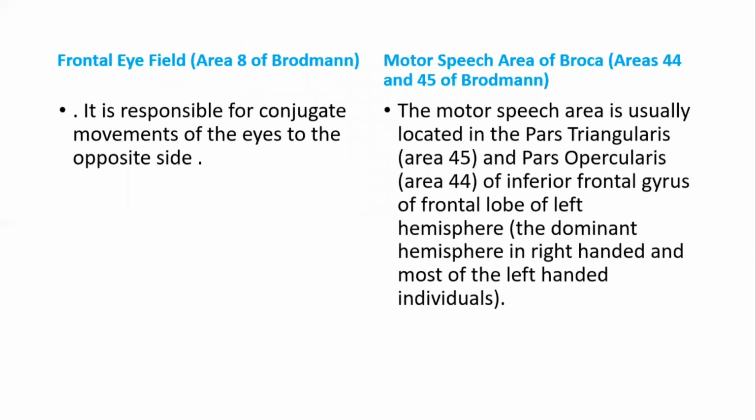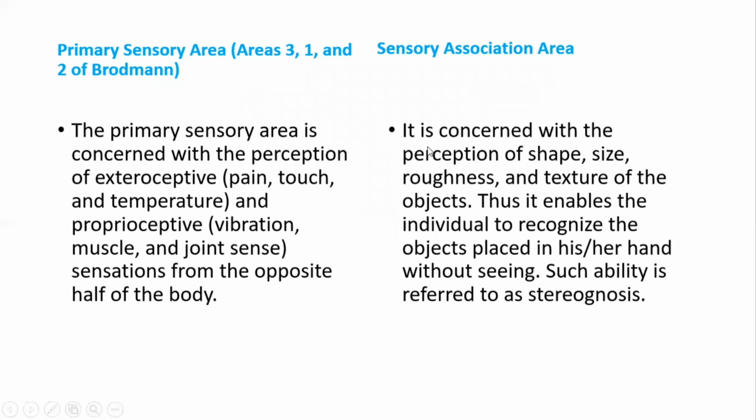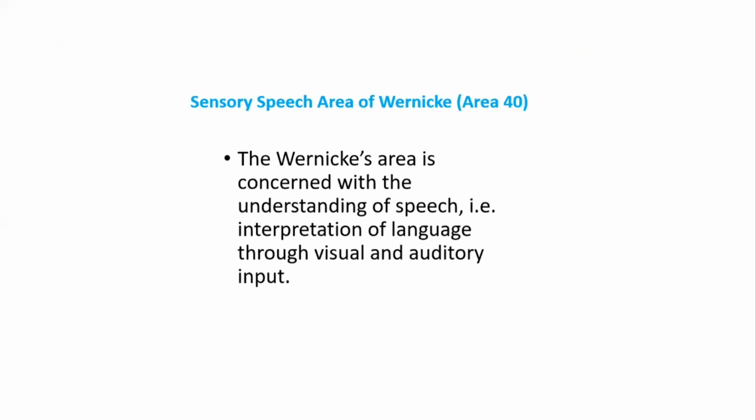So, the sensory association area helps you understand the shape and the roughness. If you close your eyes and you touch something, the area in the brain that makes you understand what it is is the sensory association area.